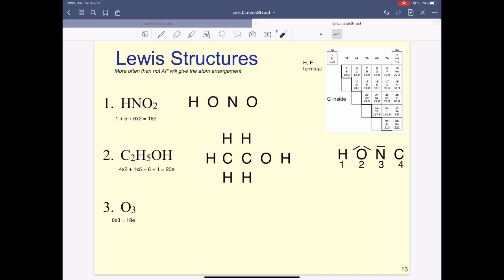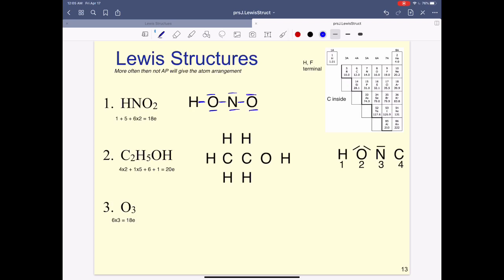A few more Lewis structures. AP will often help out by providing an arrangement of the atoms. So we can see that HNO2, which is nitrous acid, has 1 valence electron from the hydrogen, 5 from the nitrogen, 12 total from the oxygens, for a total of 18. We'll fill those in with 1, 2, 3, 4, 5, 6, 7, 8, 9.